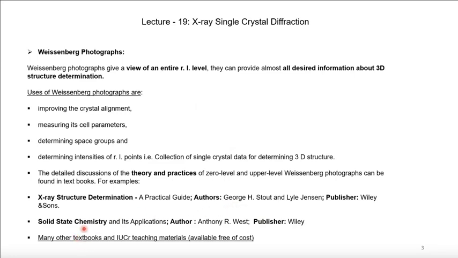Other than these two textbooks, there are many others that I use as teaching materials to learn about Weissenberg photographs and structure determination of single crystals.